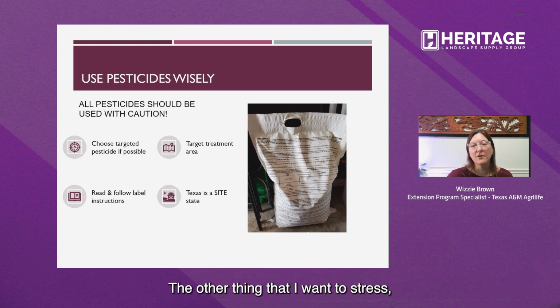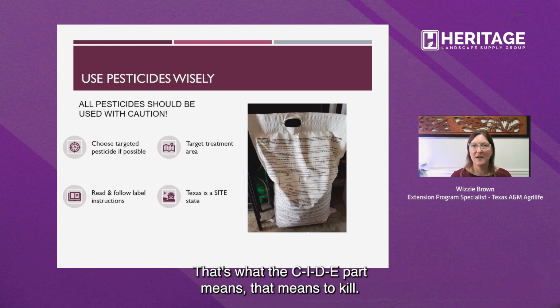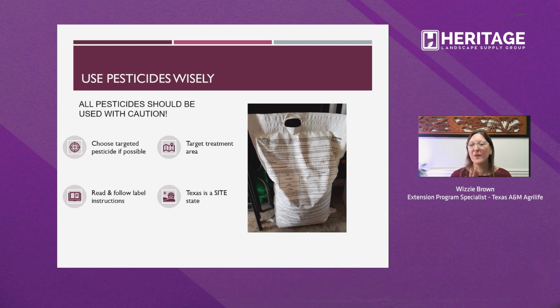The other thing that I want to stress, all pesticides are meant to kill. That's what the cide part means. That means to kill. So always make sure that you are using your PPE when you are using pesticides. That will also be on the product label. What personal protective equipment do you need to use while you're putting that on?